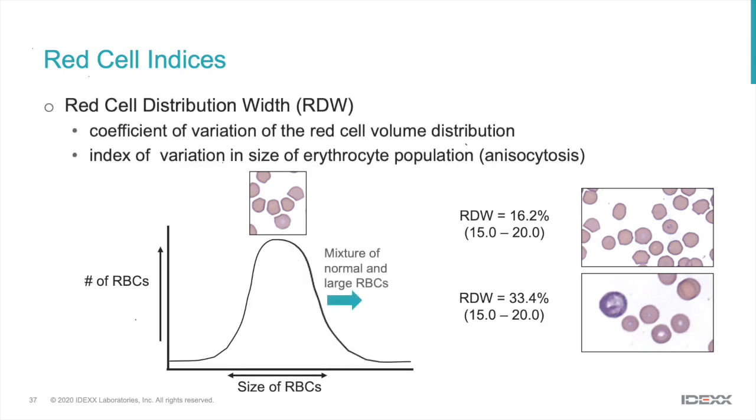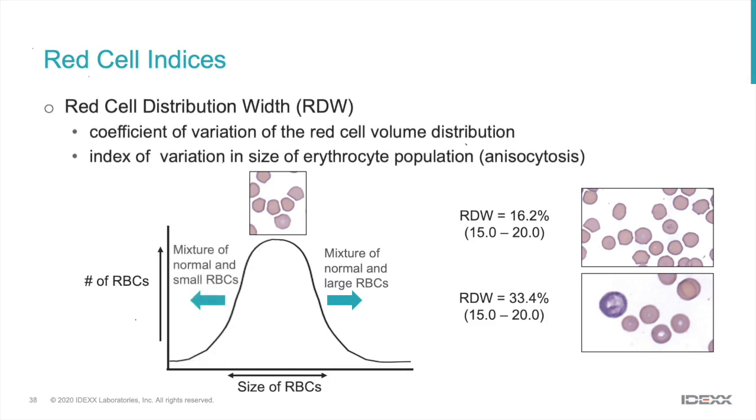The RDW only tells me there's variation in size of the cells, and we can get there several different ways. If there's a mixture of normal and large red blood cells, the curve is shifted to the right. If there's a mixture of normal and small red blood cells, the curve is shifted to the left.